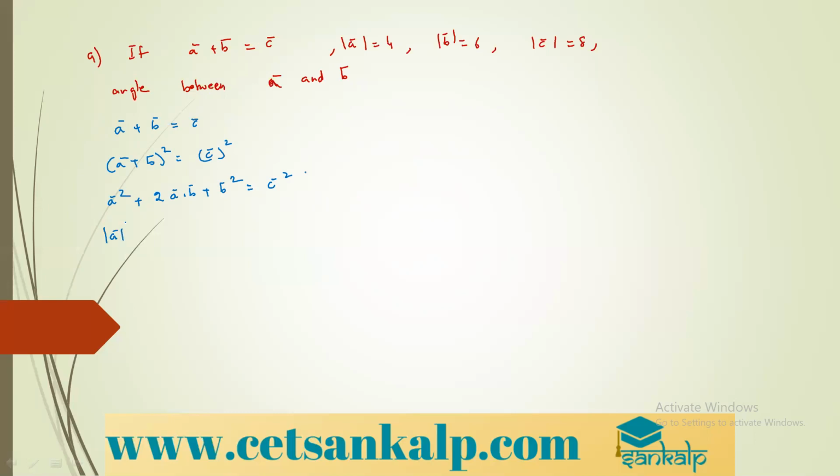That means magnitude of vector A square plus 2 times magnitude of A into magnitude of B cos theta, because that is the definition of A dot B, plus magnitude of B square equal to magnitude of C square. Now magnitude of A square is 16. 2 into magnitude of A is 4, magnitude of B is 6, cos theta, magnitude of B square is 36, and magnitude of C square is 64.